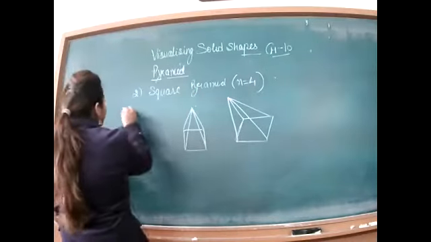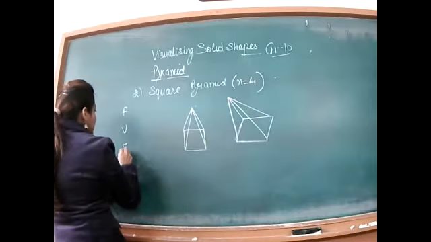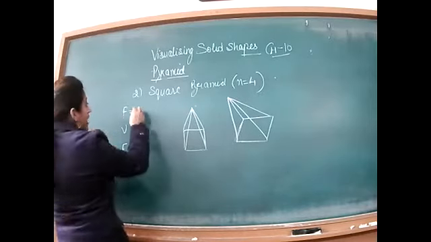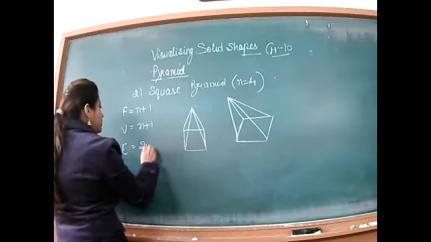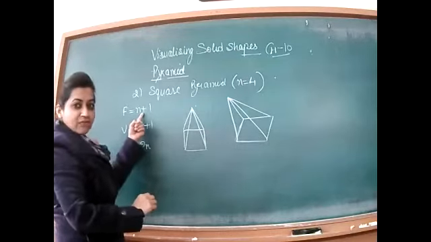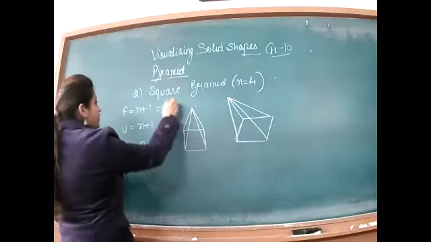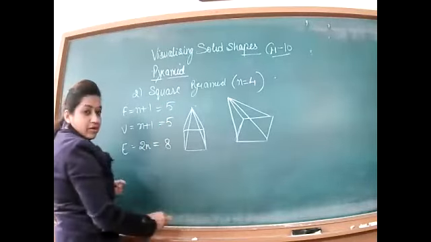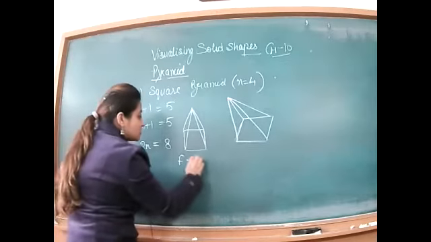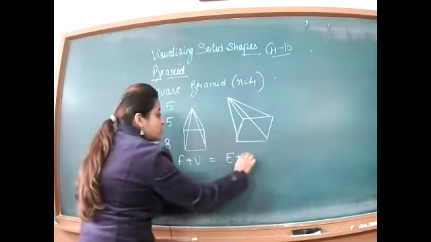Now let's write the faces, vertices and edges. We have the formula n plus 1 and 2n. Now let's put the value of n here as 4. 4 plus 1 is 5, and 4 2s are 8. And you can verify Euler's formula, f plus v is equal to e plus 2.